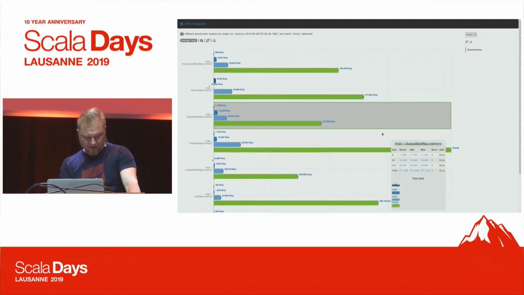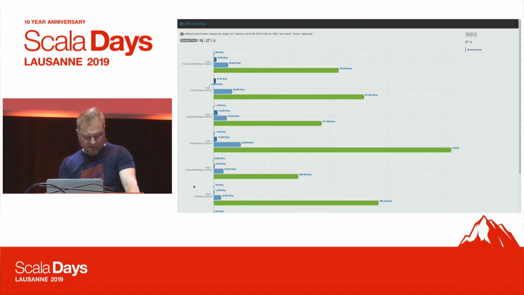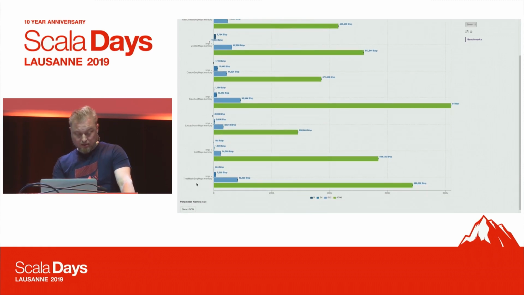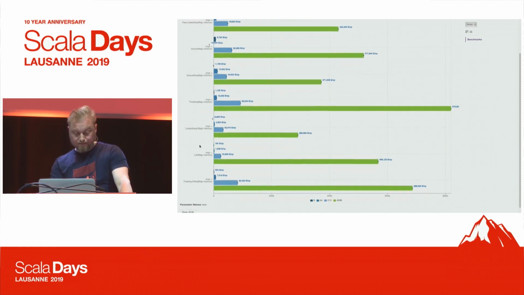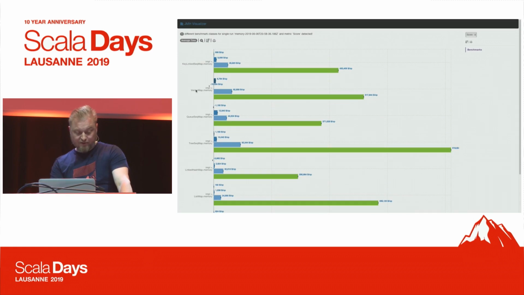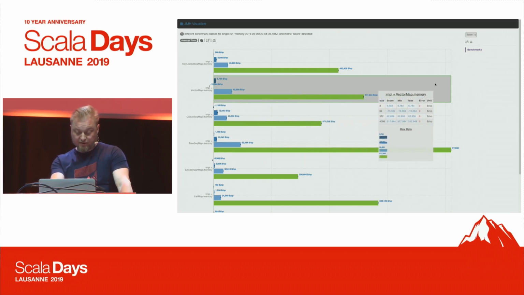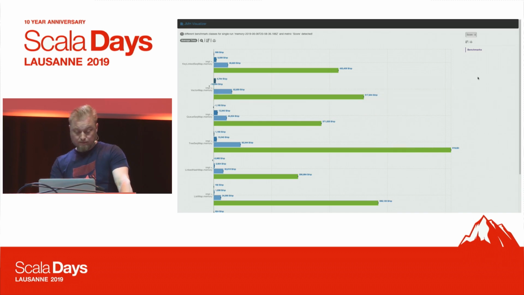While the best one seems to be the linked hash map here. That's the mutable one, so that's really good memory-wise. And we also see the important thing, VectorMap here, one of the default implementations, has quite good memory usage. If you hold your mouse over, you get the actual figures and so on. So that's the memory.